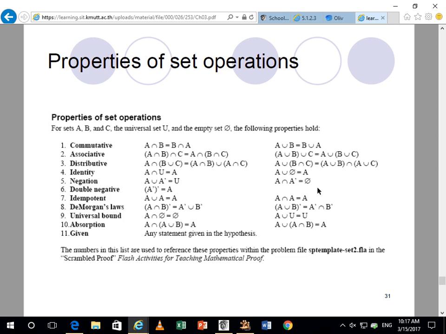The difference is that the intersect becomes a union when you expand what's within the parentheses. Same for intersect, it gives you union, and for union, you have intersect when you expand it. So that's called De Morgan's law.